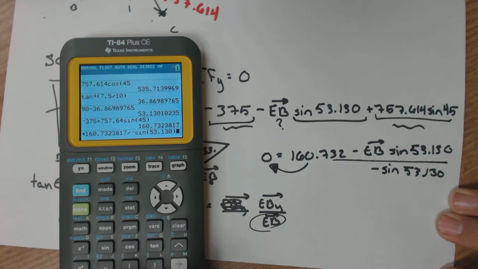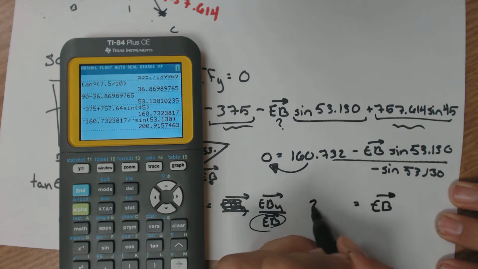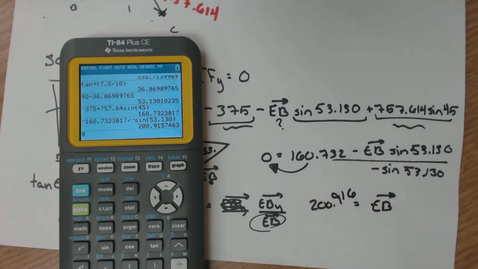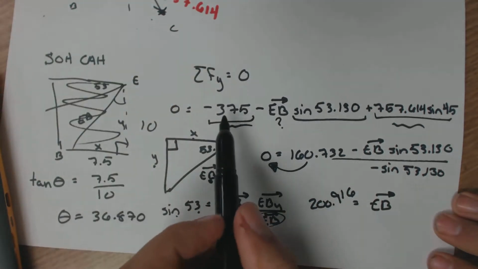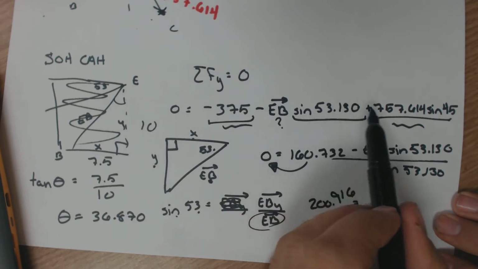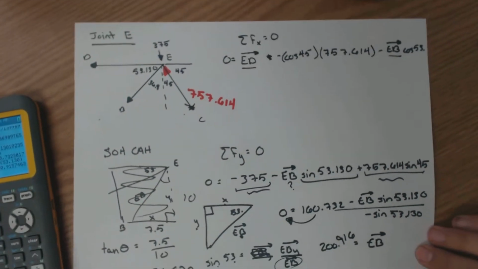I get the EB, 200.916. I know that sounds like a lot, but all I'm doing here is adding up the forces in my y-axis. Two of them are vectors that come in at an angle.